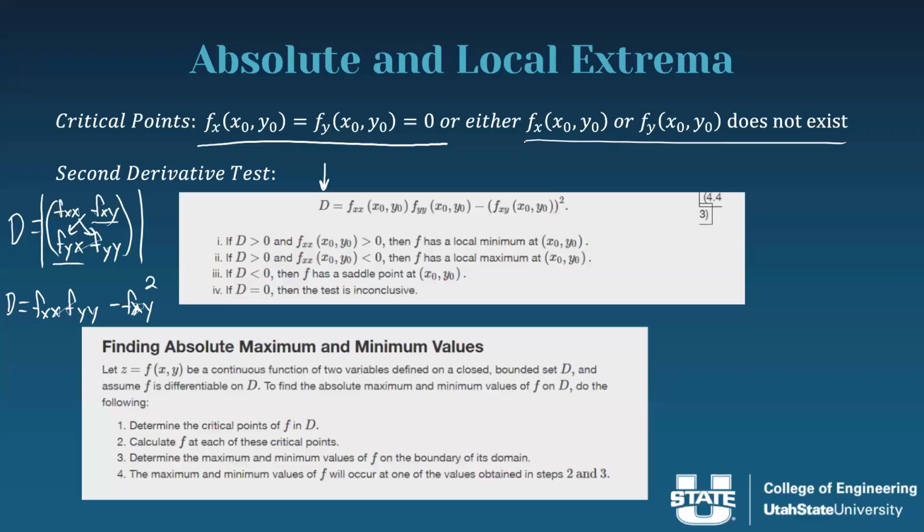And then if that is greater than 0 and our double derivative with respect to x is greater than 0, it's a minimum. If our determinant is greater than 0 and our fxx is less than 0, we have a maximum. And if our determinant is less than 0, we have a saddle point. If the determinant is equal to 0, then the test is inconclusive.